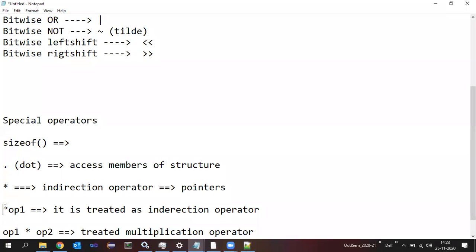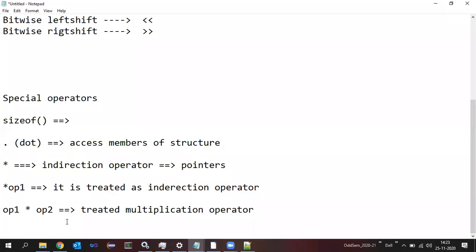When star is used with one operand as a unary operator, it is considered an indirection operator. Already we have studied star with two operands, that is for multiplication. You will study this especially in the second semester, where you have a big chapter on pointers.